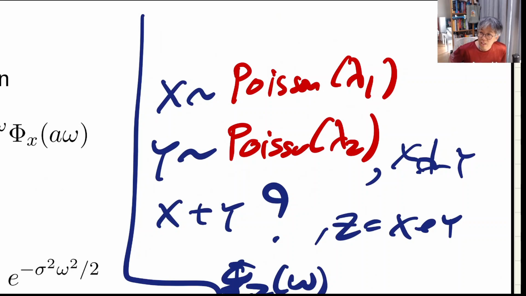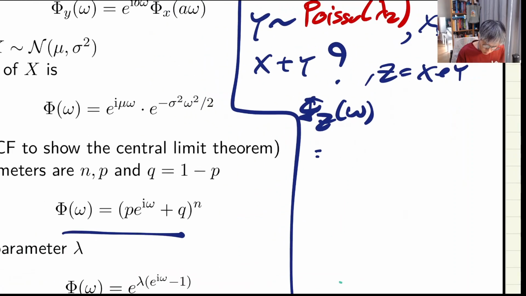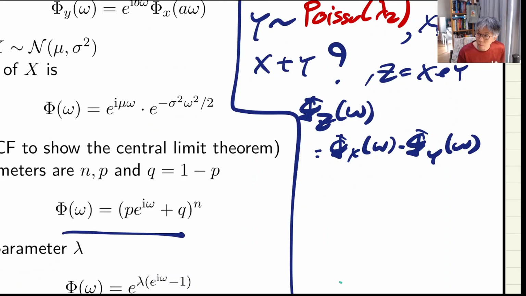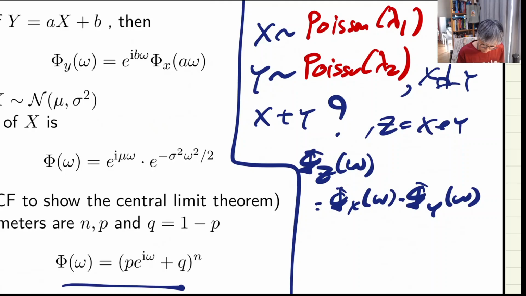Maybe at junction X the cars have accidents more often, and these two junctions are independent. The question is, if I take the sum of these two variables, what kind of variable does it turn out to be? We derive the same thing. We use the same fact that if X and Y are independent, the CF of Z, the sum, is going to be the product.